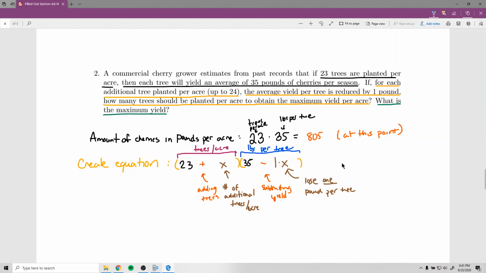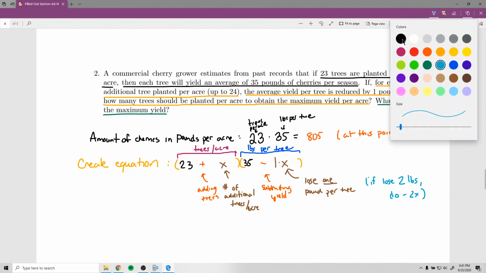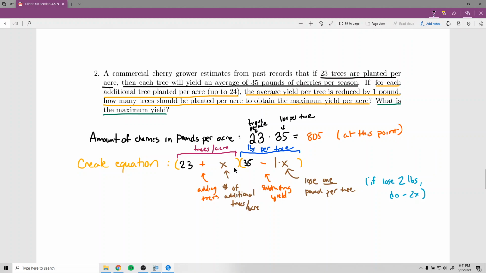So I'll just write a little note there why I have that 1 in there. If you lose 2 pounds, do minus 2X, 3 pounds, minus 3X, and so on. But this one just happens to be 1. But you can plug in a number just to see that this makes sense.